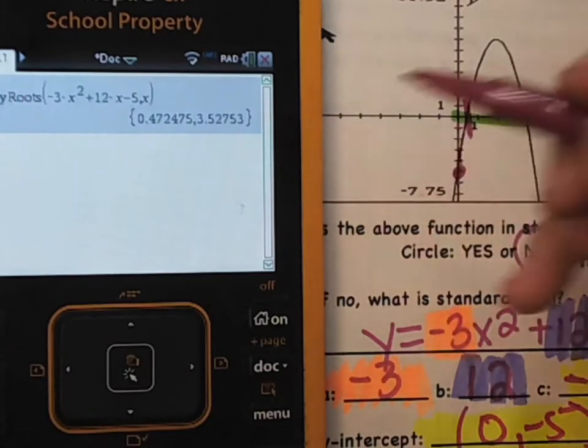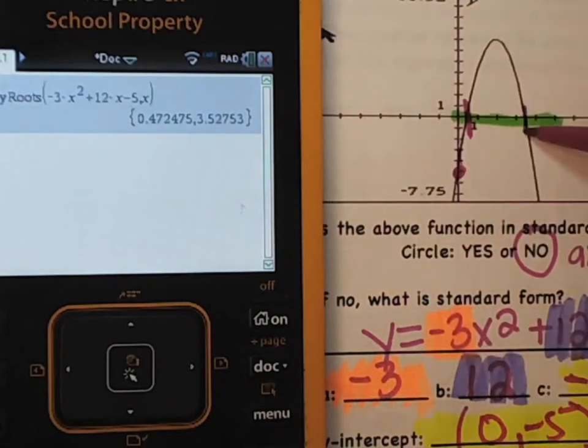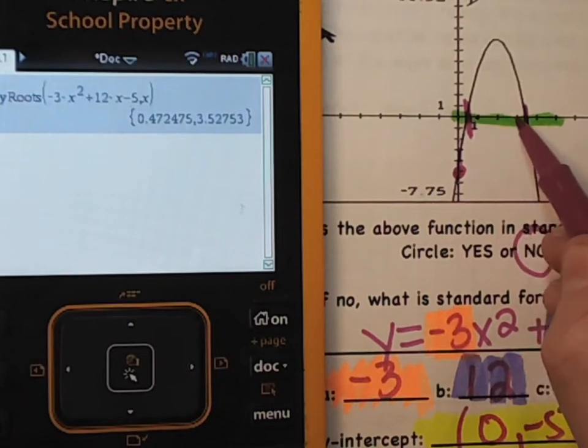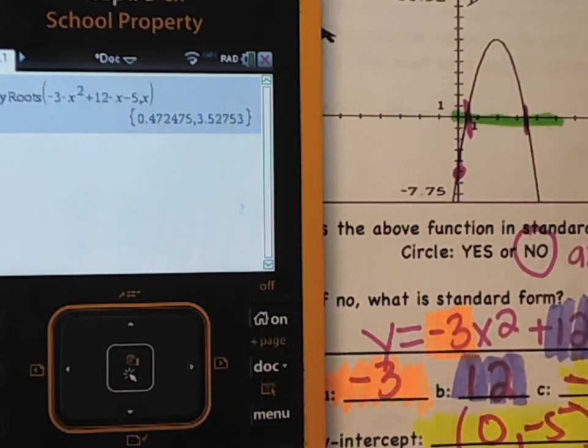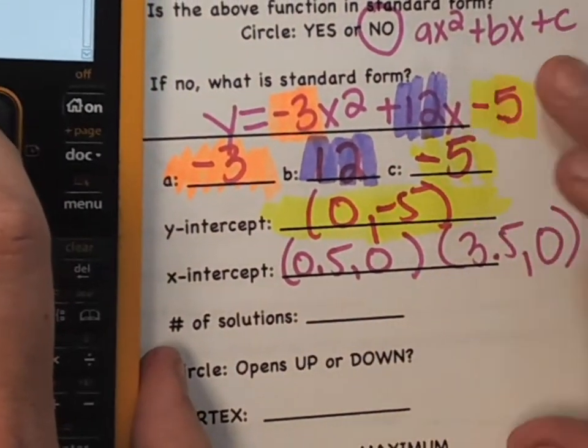Our second one, which is about 3.5, which it looks about 1, 2, 3 and a half, that is our second one. Remember sexy, the x's come first and then the y. Since this is an x-intercept, the x has to go first, even though there's 2. Let me pull it up here so you can see it.